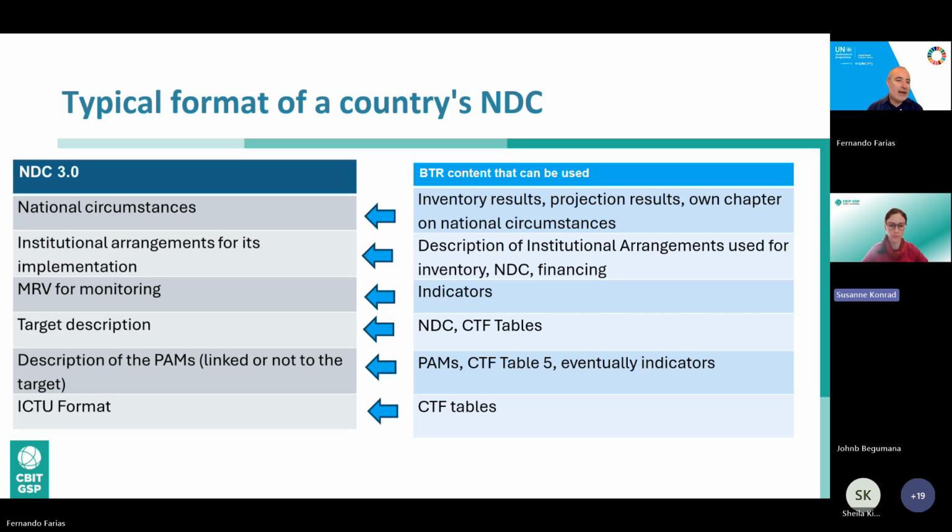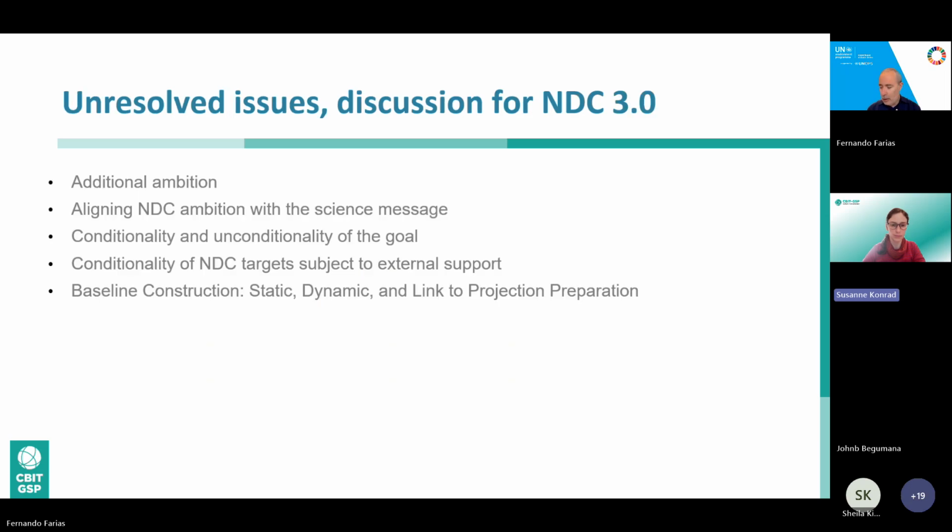So the whole idea is that there is a very intimate connection between the BTR information and NDC 3.0, and you don't need to start NDC 3.0 from scratch, but basically use the information and not recreate information that your country already has available.